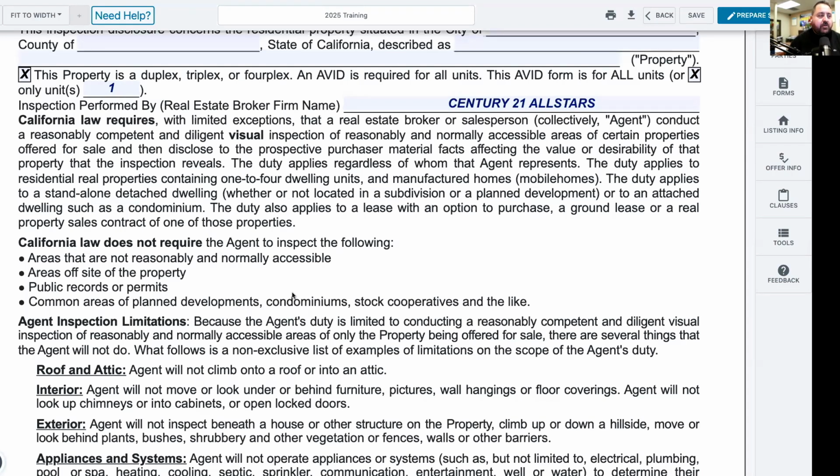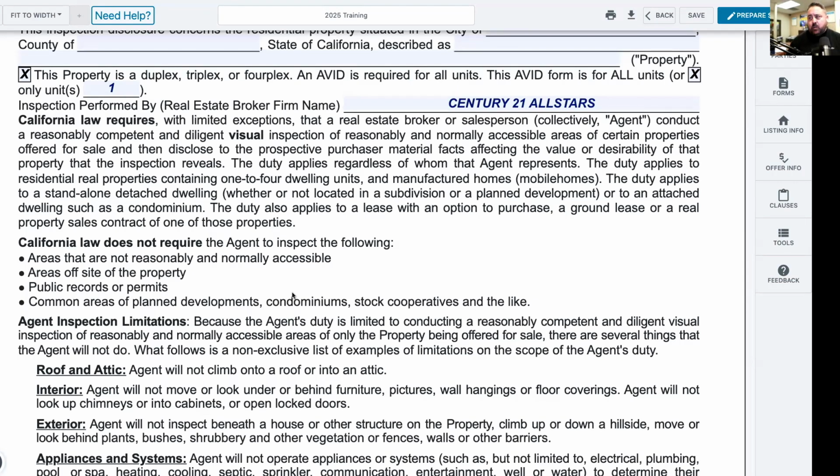The duty applies regardless of whom that agent represents. The duty applies to residential real properties containing 1 to 4 dwelling units and manufactured homes. The duty applies to a standalone detached dwelling, whether or not located in a subdivision or planned development, or to an attached dwelling such as a condominium. The duty also applies to a lease with an option to purchase, a ground lease, or a real property sales contract of one of those properties.